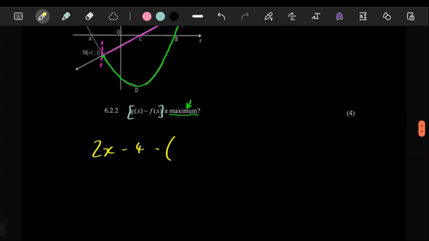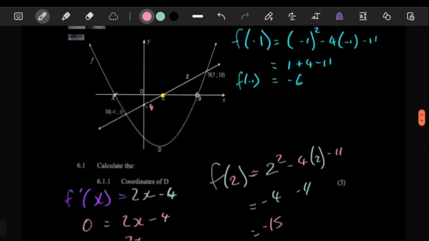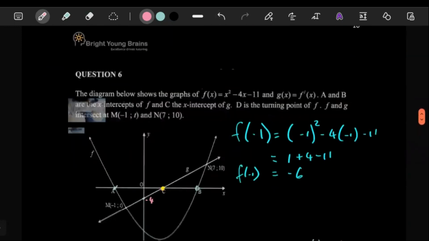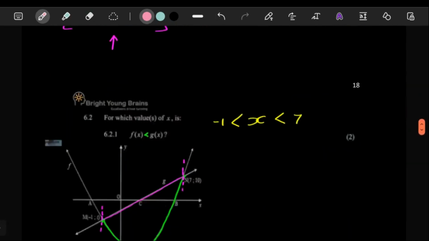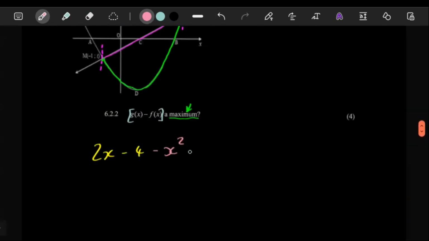So let's do that. We're minusing f of x, so minus x squared, and then it's going to be plus 4x and plus 11.